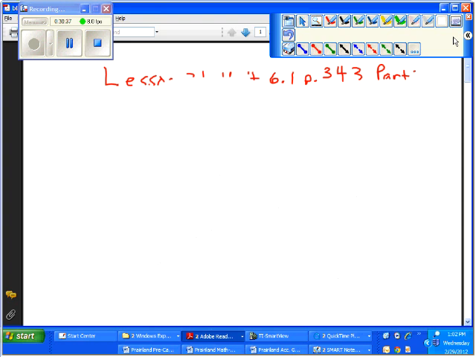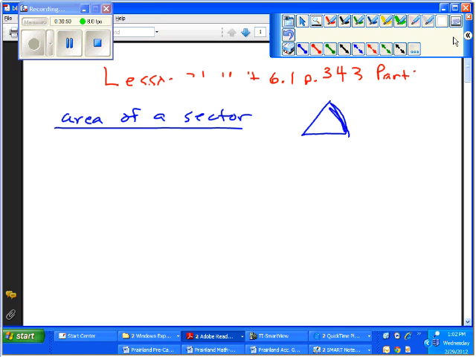All right, let's talk about area of a sector. If you're talking about the area of a sector, you're talking about the area of that whole chunk, like a piece of the area of a circle, kind of like the area of a slice of pizza. And we know that the formula for area of a circle is pi times the radius squared.